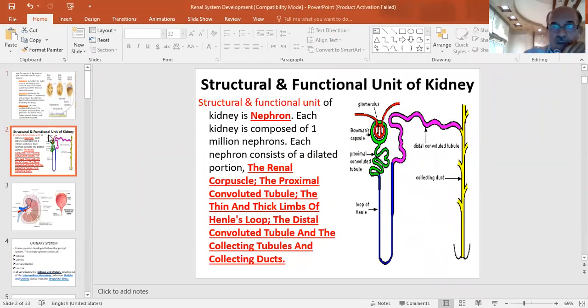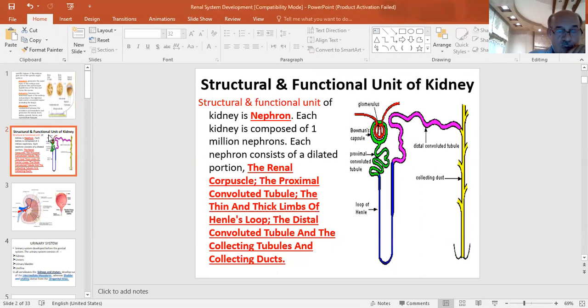All right, so we have the renal corpuscles and the renal tubules, starting from the proximal, moving into the loop of Henle, distal, collecting ducts, and then to the ductal system or the conducting ducts, starting from minor calyces, major calyces, and then the pelvis, ureter, urinary bladder, and the urethra.